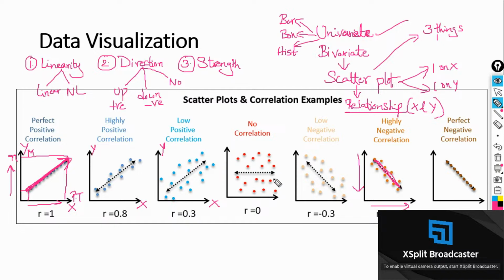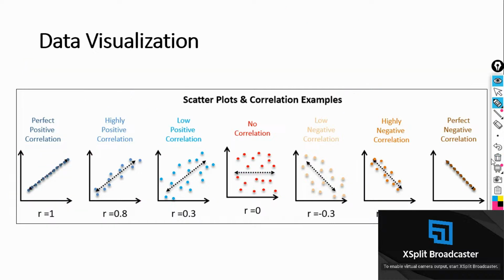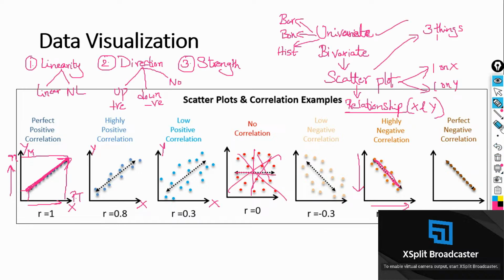Here there is no direction. If you try to understand the plot properly, I can't understand what kind of direction it is. There is no direction. So this is with respect to the direction.